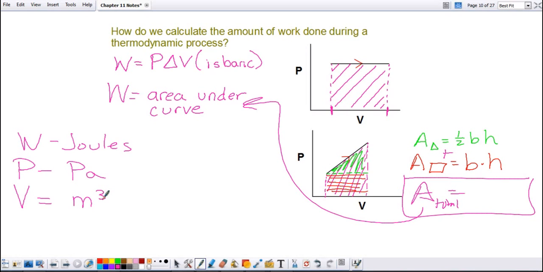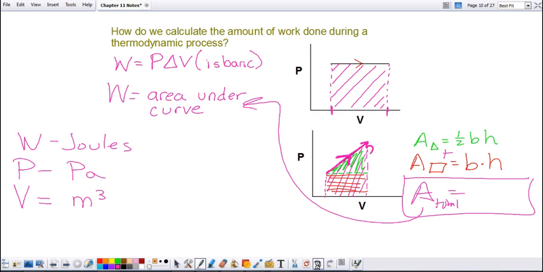Again, to reiterate this arrow, because it's a different type of idea for many of us: the arrow tells us what's happening over time. So over time, we start at a low volume and a lower pressure, and it goes up. So pressure and volume increase.